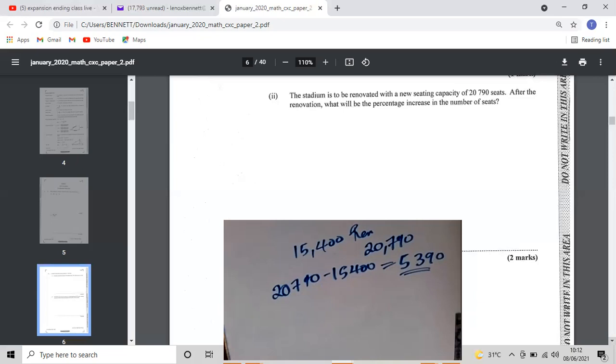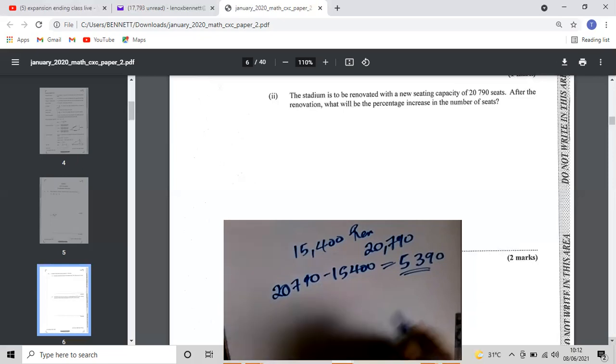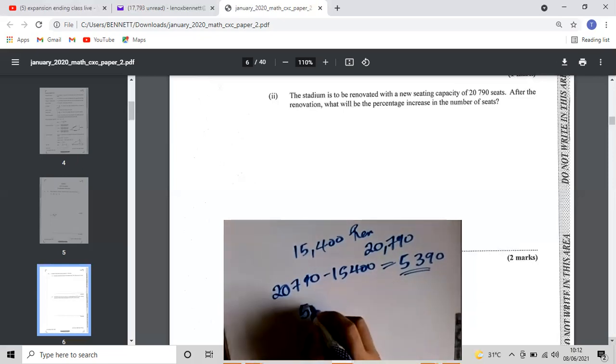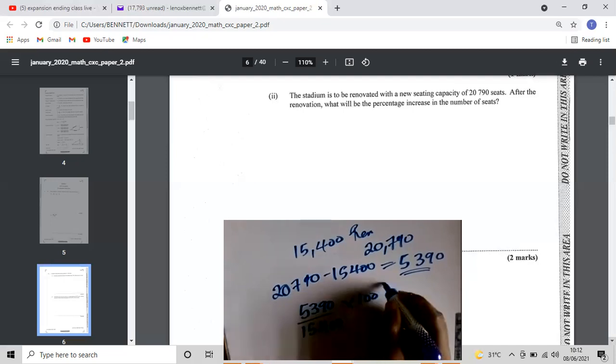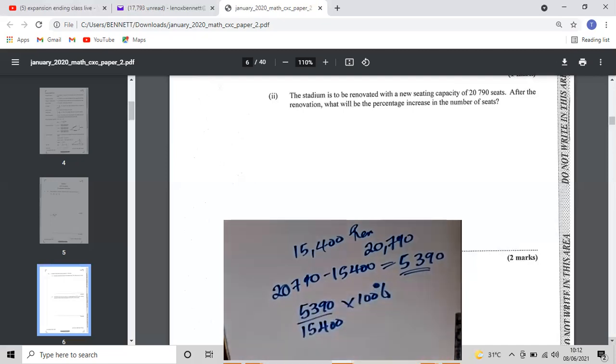Now we need to find the percentage as opposed to the current one. So it would be 5,390 divided by 15,400 times 100%. And that will give us the increase. Let's use the calculator again.